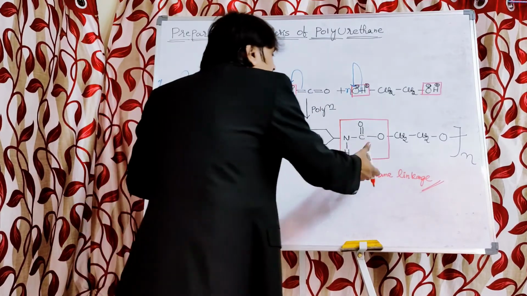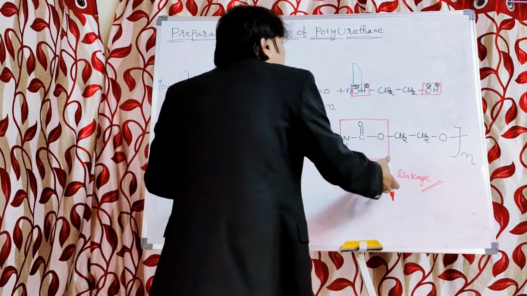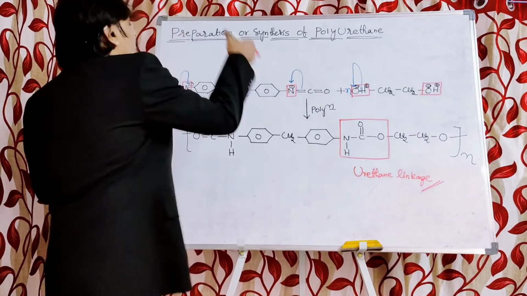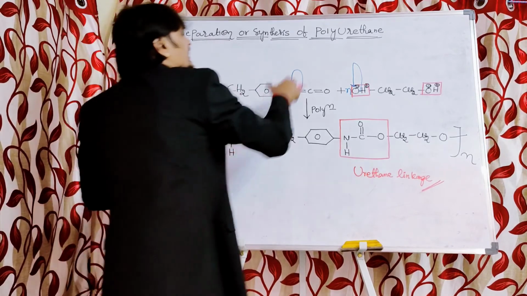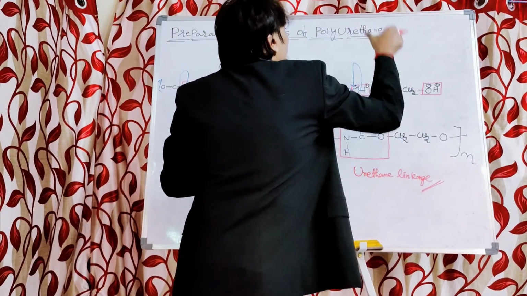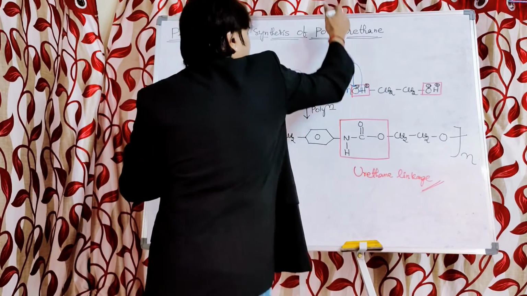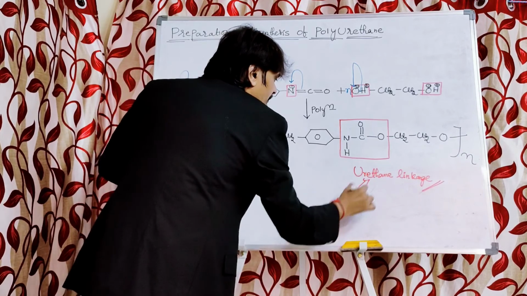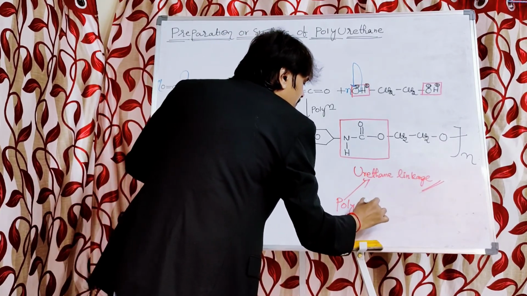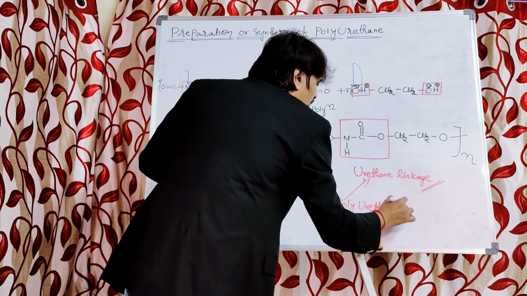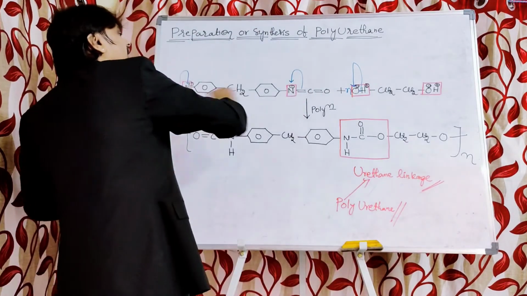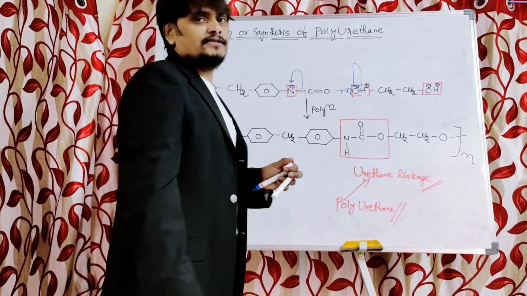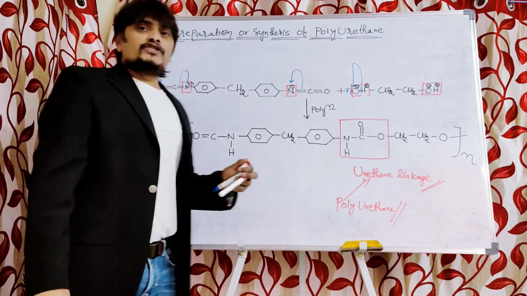So the polymer obtained by the combination of methylene diphenyl diisocyanate and ethylene glycol is polyurethane, because n number of urethane linkages will be developed in the polymer obtained during this polymerization between these two monomeric units. I hope you understood this.